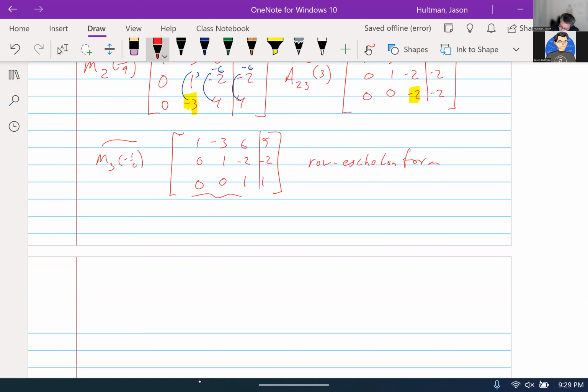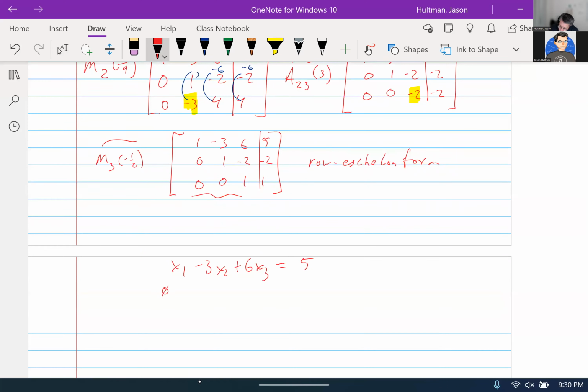1 times x1 is just x1, -3x2, plus 6x3 equals 5. 0x1, okay, so there's no x1.